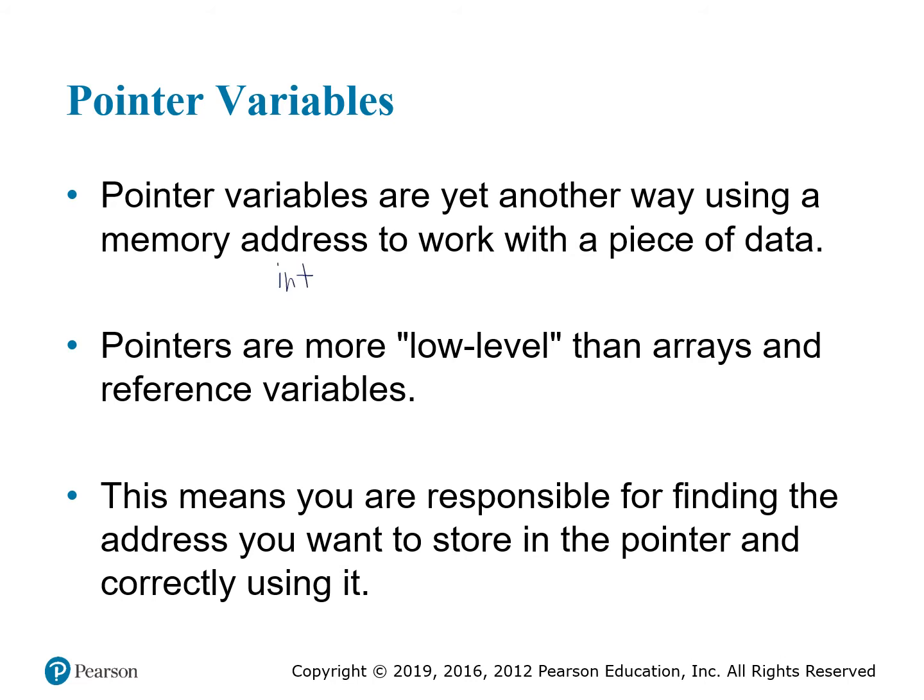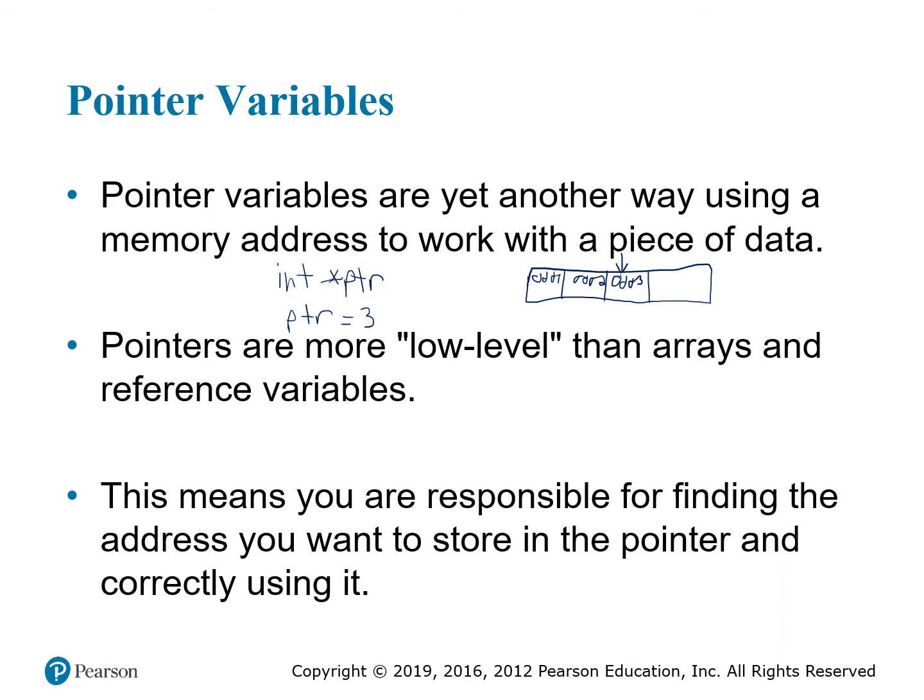So if I created int star pointer, and then I said pointer equals 3, I'm assigning pointer to point to memory box 0003, among 0001, 0002, 0003. It's pointing there.